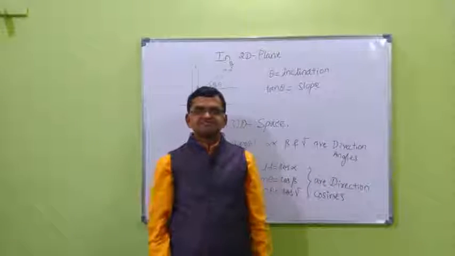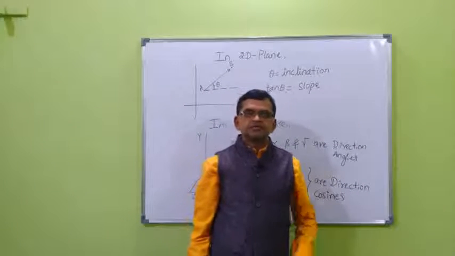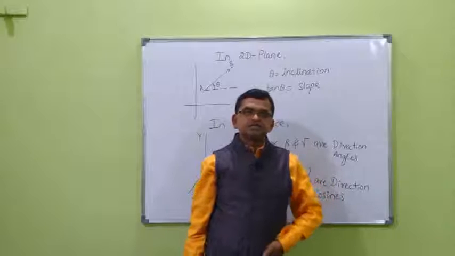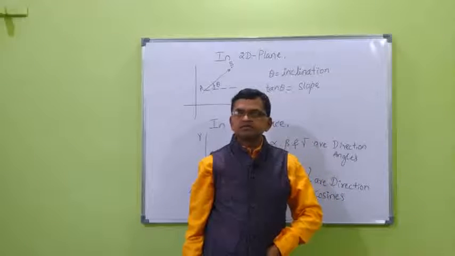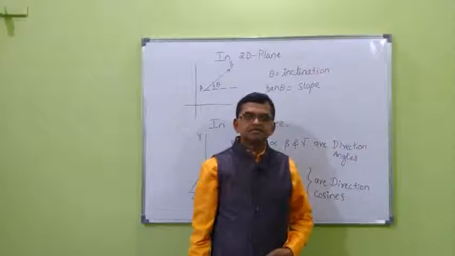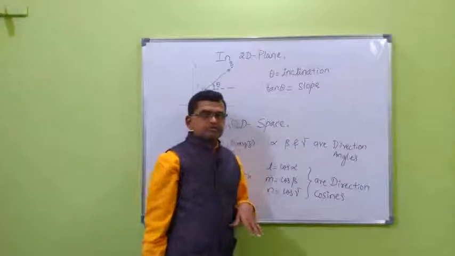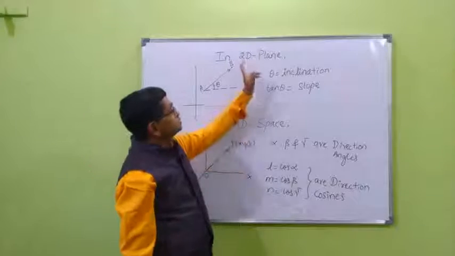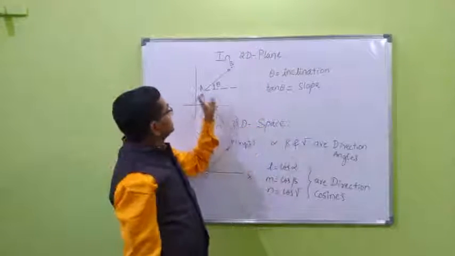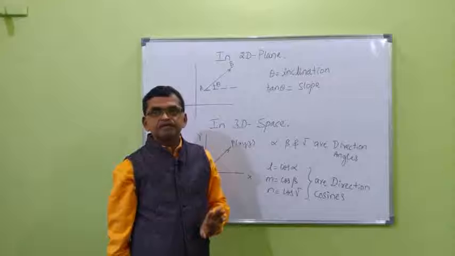Hello friends, let us discuss a few things about direction cosines and direction ratios and some simple properties regarding this in this video. We know in a two-dimensional plane the direction of the directed line segment is given by inclination.